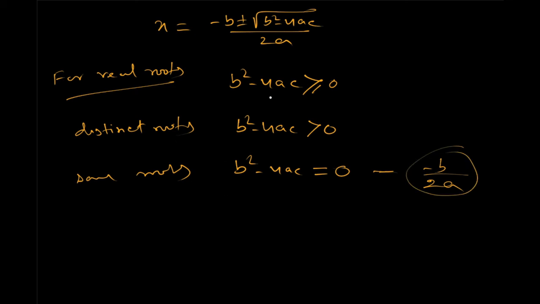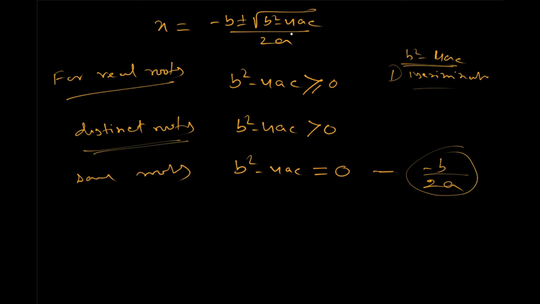This b square minus 4ac is called the discriminant. When the discriminant is greater than or equal to 0, the roots will be real, and when it is greater than 0, that is for distinct roots, the two roots will be different.